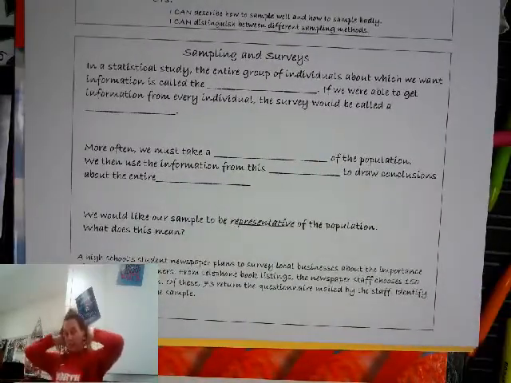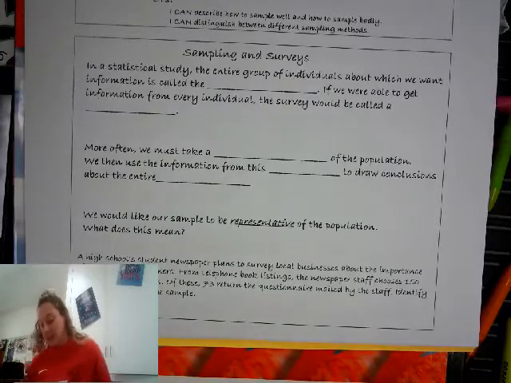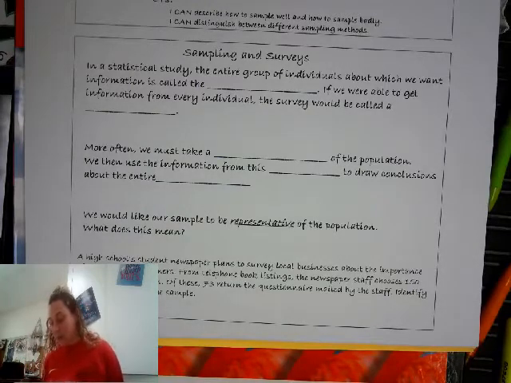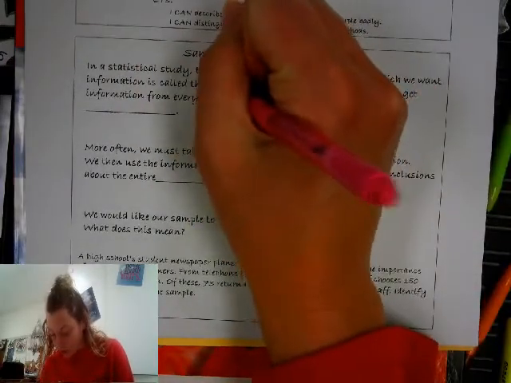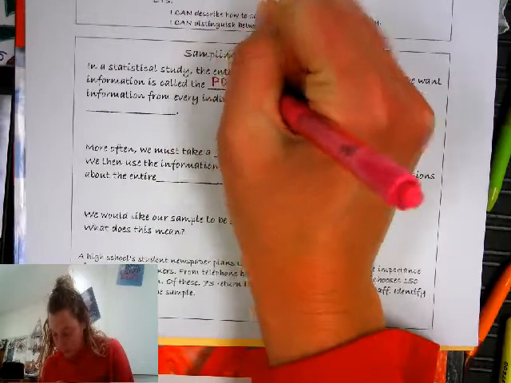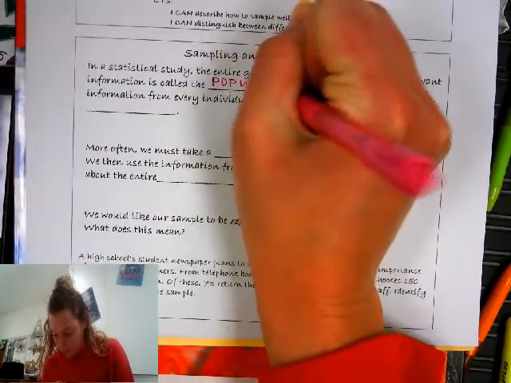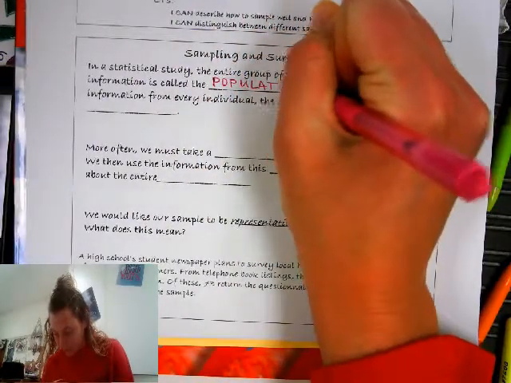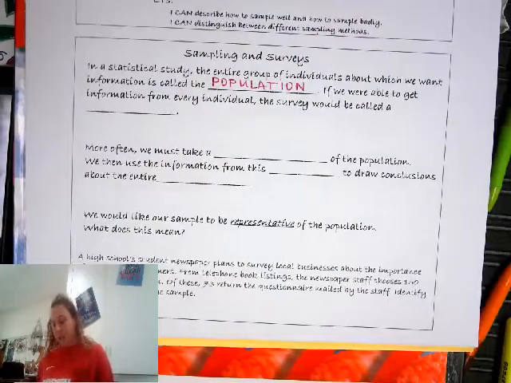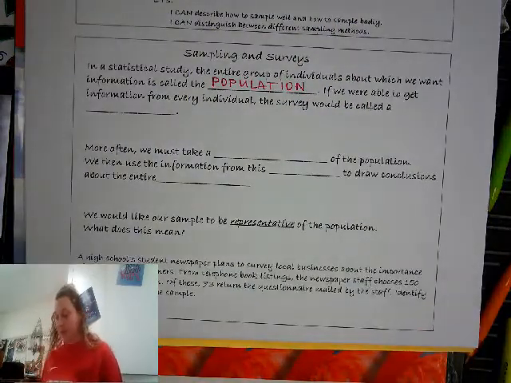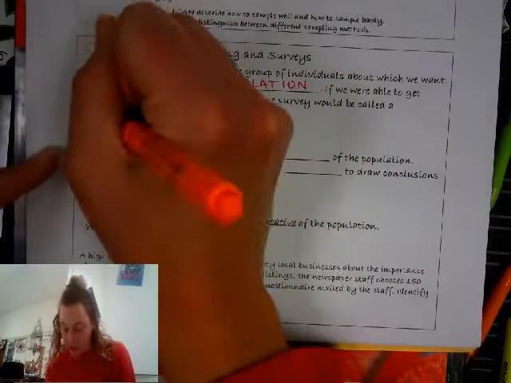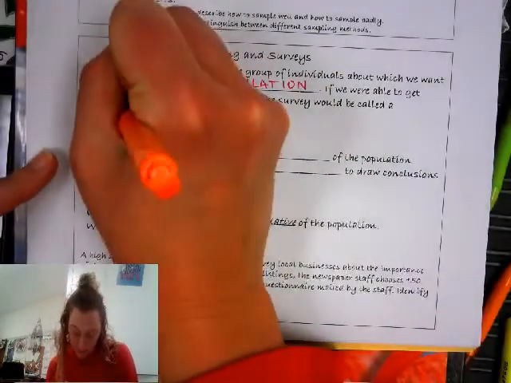So, sampling and surveys. In a statistical study, the entire group of individuals about which we want information is called the population. If we were able to get information from every individual, then the survey would actually be called a census.